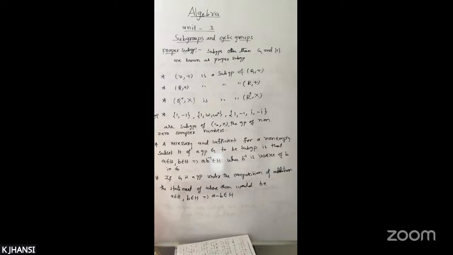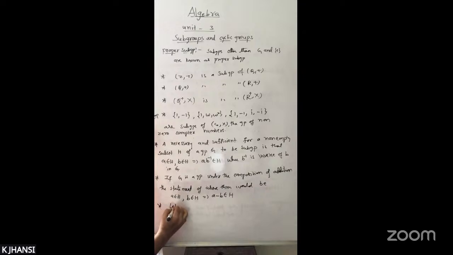So another one is whatever the first definition we have seen, no? The same definition, but it is mentioned that it is a finite subset of G. Okay. In the first definition, it is not particularly mentioned whether it is a finite subset or infinite subset. Okay. But whenever it is mentioned, you can take one more definition.